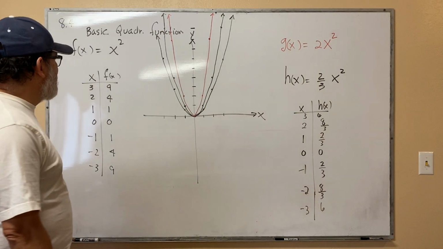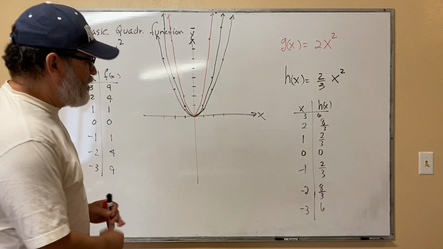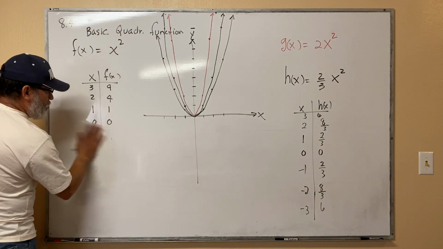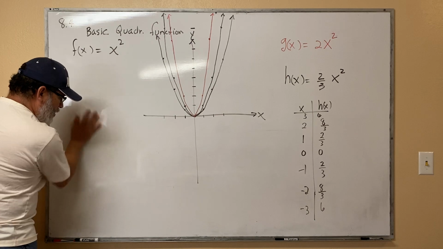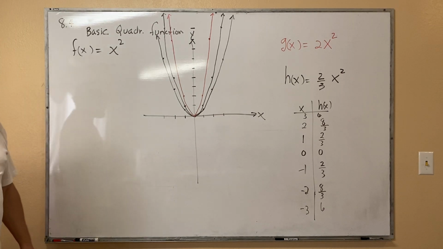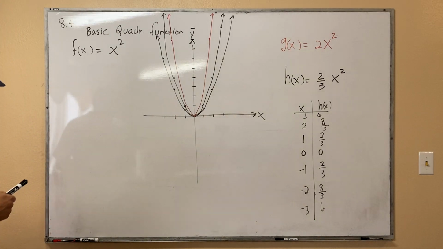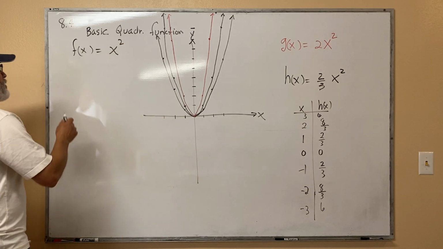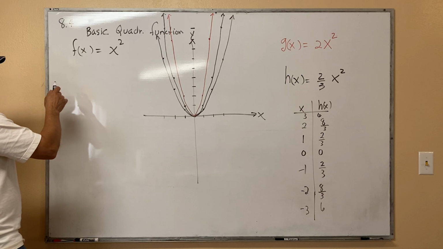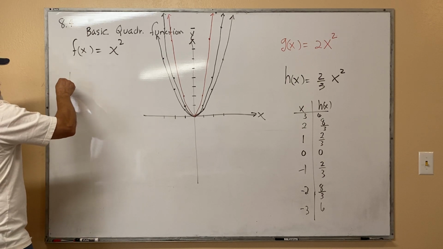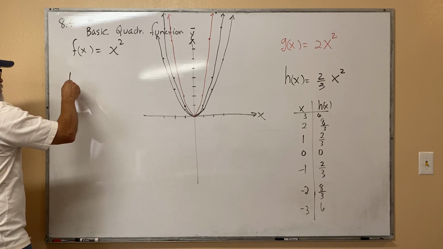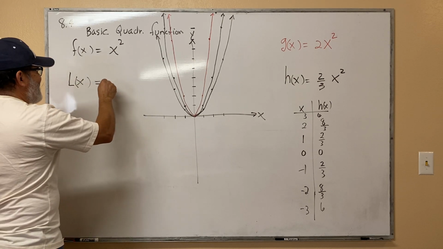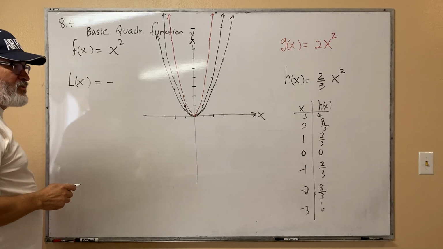Might as well just give you one. So here we go. Here's another parabola. I'm going to call this one L of x. L of x equals negative, what should we say?